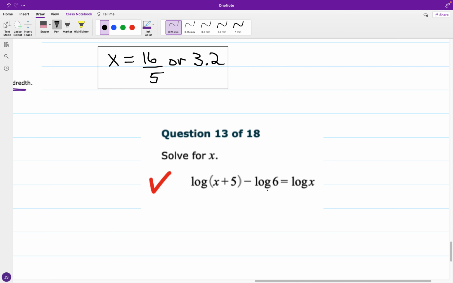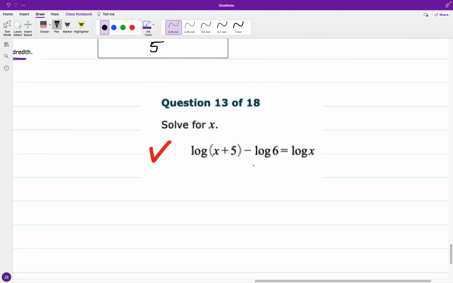Here we have a single base 10 logarithmic term on the right, and we have 2 on the left, but I can make those 2 on the left into a single base 10 logarithmic term, whereupon subtraction will imply division. I also want to ensure that x plus 5 is positive, and also that x is positive.